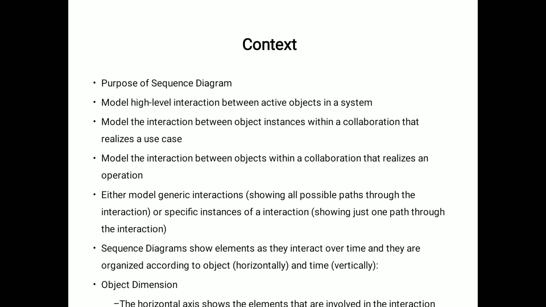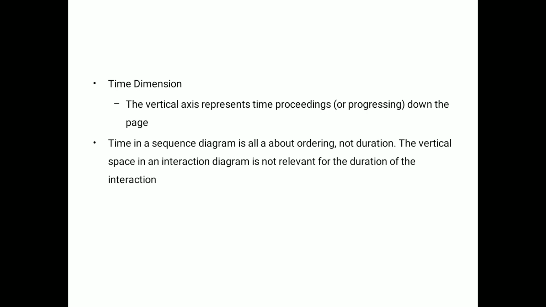A sequence diagram shows elements as they interact over time, and they are organized according to object horizontally and time vertically. On the object dimension, the horizontal axis shows the elements that are involved in the interaction, and on the time dimension, the vertical axis represents time proceeding down the page.